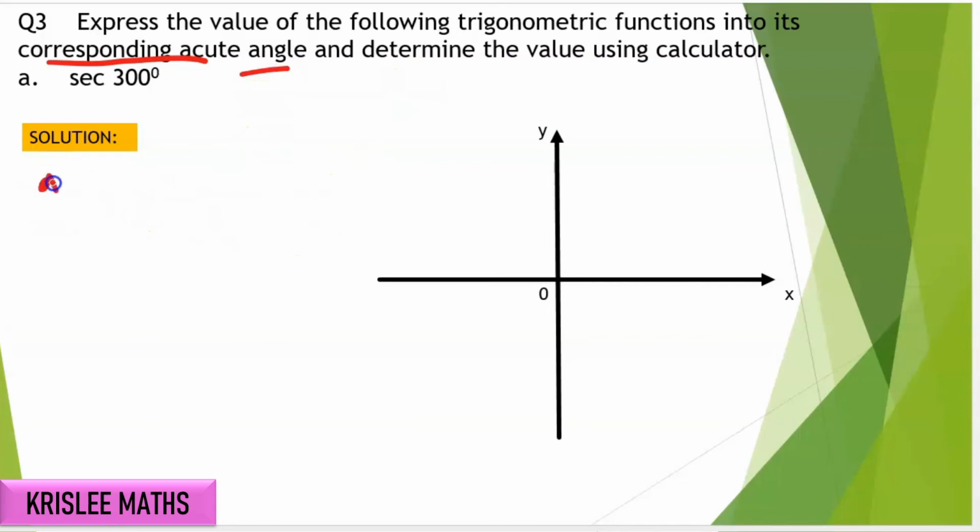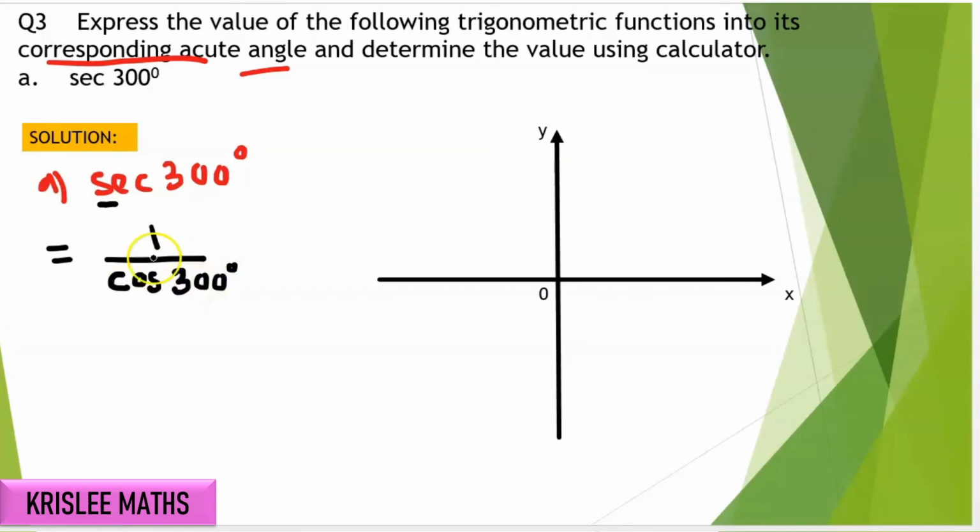Here you are given secant 300. Remember, secant is the reciprocal of what? If here S, then you must start with C. So it is the reciprocal of cos. So 1 over cos 300.